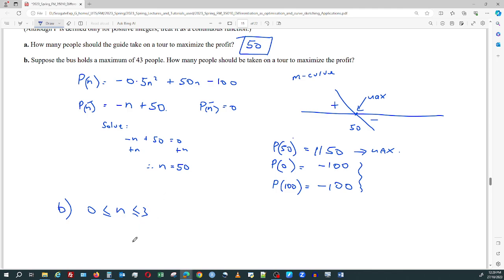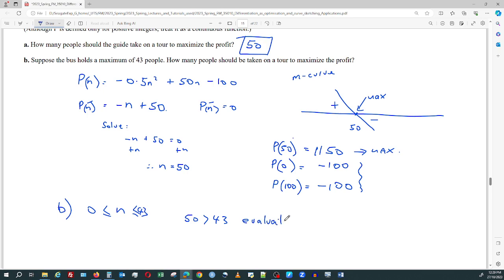It's not going to change our equation at all, but 50 is greater than 43, isn't it? 50 is greater than 43, so we have to check this, because 50 lies outside the interval. So we need to evaluate at a new value.